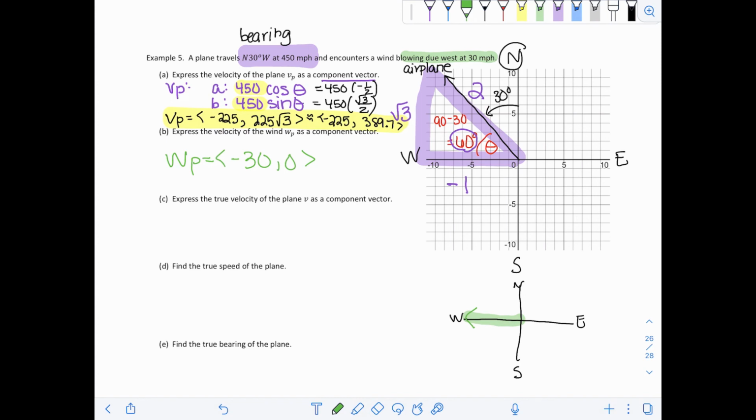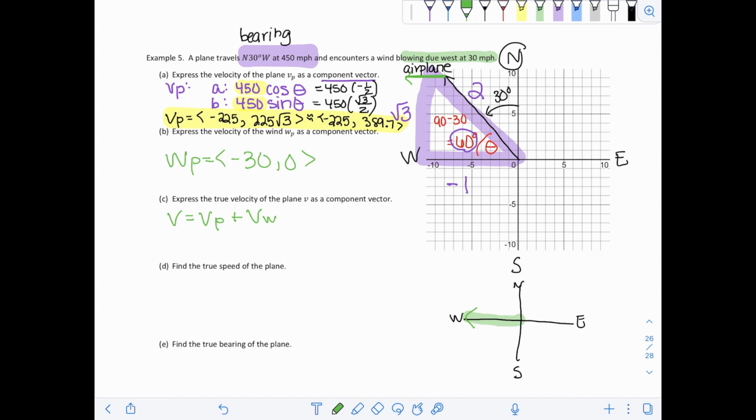Now we want to figure out something called the true velocity of the plane as a component vector. So basically, we're going to do some vector arithmetic. The true velocity is equal to the velocity of the plane plus the velocity of the wind. If I added that to my diagram, it's like adding an extra vector here because of the 30 miles per hour due west.